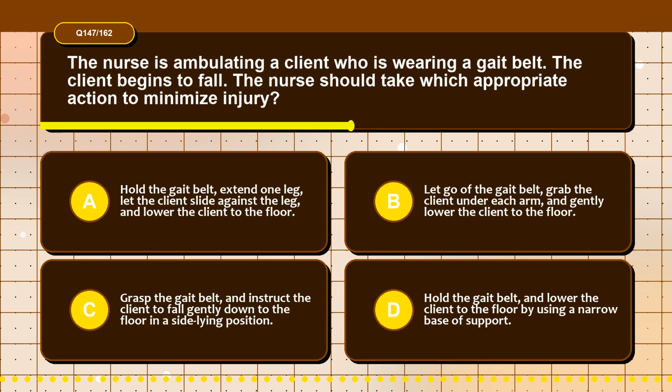Option B. Let go of the gait belt, grab the client under each arm, and gently lower the client to the floor. Option C. Grasp the gait belt and instruct the client to fall gently down to the floor in a side-lying position. Option D. Hold the gait belt and lower the client to the floor by using a narrow base of support.